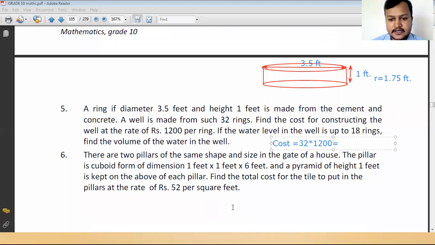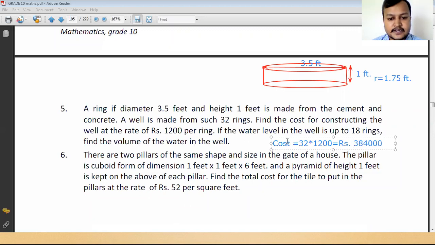Total 32 वटा रिङहरु छन्, एउटाको 1200 पर्छ भने it will be total multiply this, 3,84,000. This is the total cost of constructing the well.